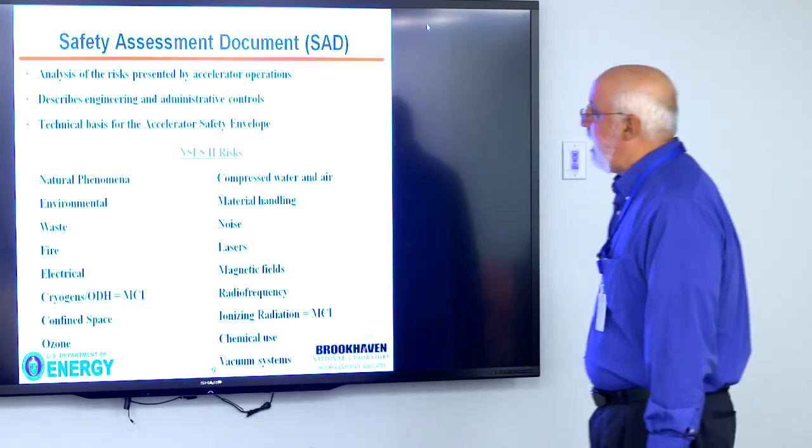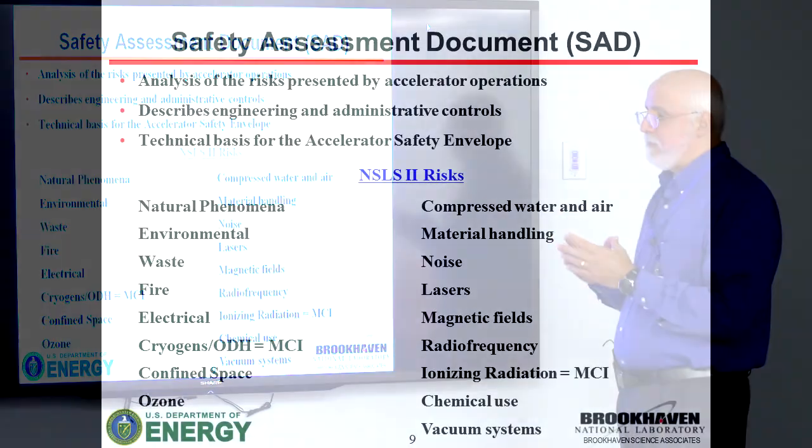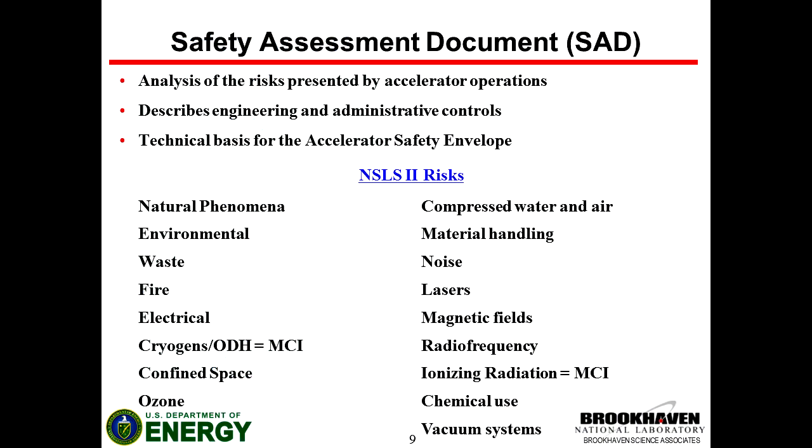So back to the SAD, or the Safety Assessment Document, as Steve alluded to, this is a document that really analyzes the risk to running the machine, both to the workers, the population, the environment. Okay? So that's all discussed in the SAD to include the technical basis for the accelerated safety envelope, which we'll discuss in more detail. But this gives you a list of the things that are discussed in the SAD, all these different kinds of risk.